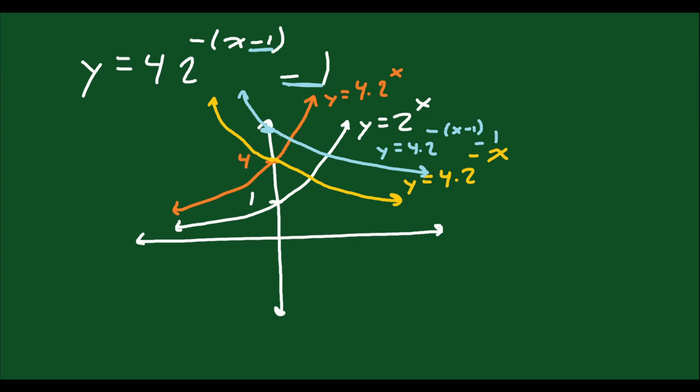The reason I know it's above 4, I'm going to show you right now. To solve for the y-intercept, you might want to do this work on the side. We simply set x equal to 0 and solve for y, just like we always do. So y equals 4 times 2 to the negative 0 minus 1, minus 1.